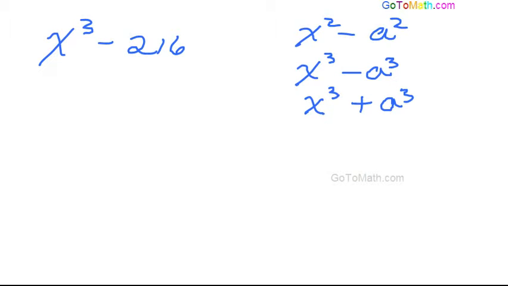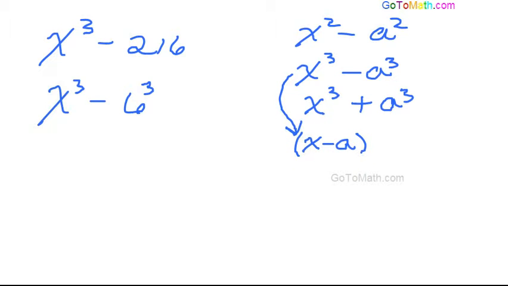What's 6 cubed? Yep, it's 6 cubed. So this can be rewritten as x cubed minus 6 cubed, since 6 cubed is 216. And it follows the formula right here. Now the question is, what is that form that we need to follow? Well, it's x minus a.